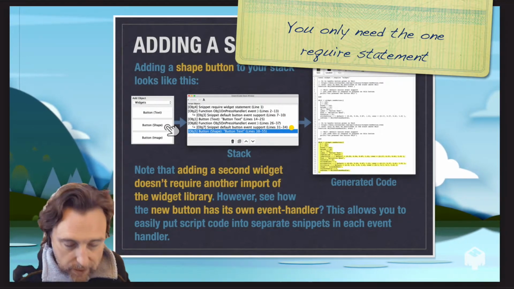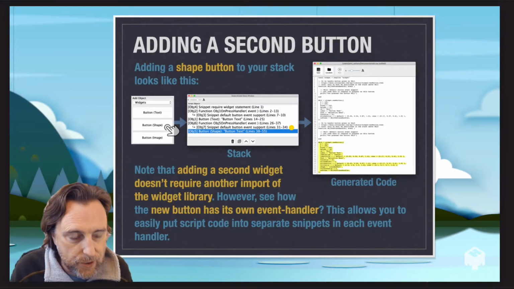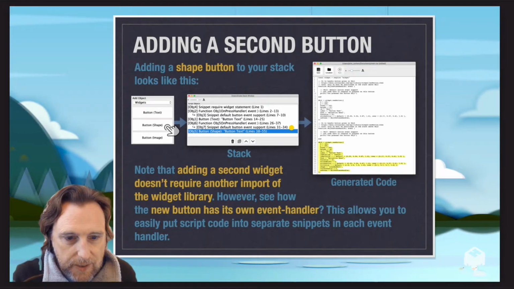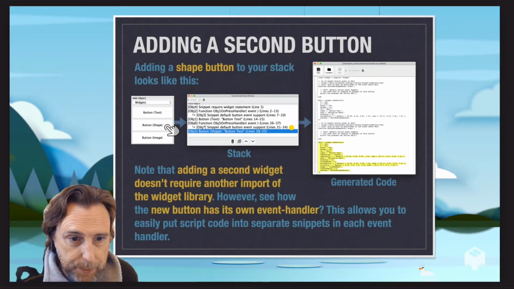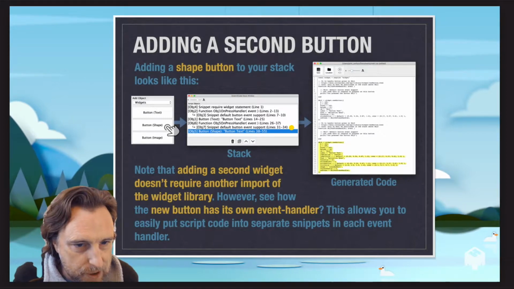You only need one require statement for all widgets that you're going to use in this stack or in this main.lua file. But if you look at the stack, you'll note that each button has its own dedicated event handling function.